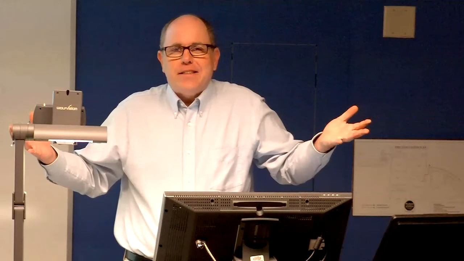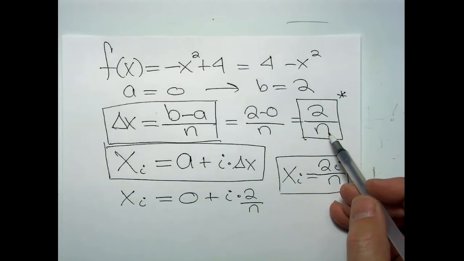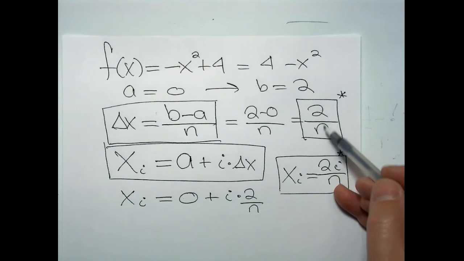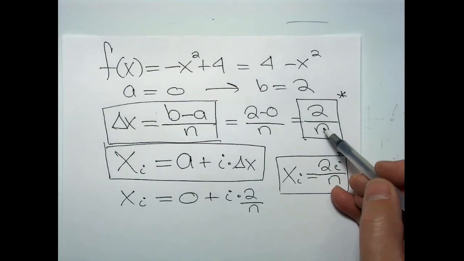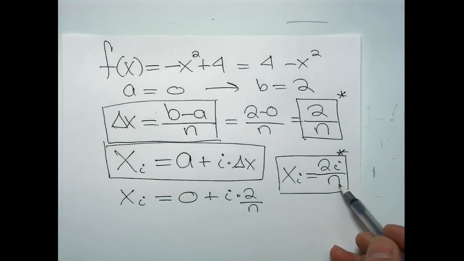Now let's see if these make any sense. Let's go back to the n equals 4 case and see if this works. If we used n equals 4, 2 over 4 was 1/2, and yes, indeed, you remember delta x was 1/2, so that makes sense. If indeed n equals 4, this is 2i over 4, which is i over 2. x sub i is i over 2.